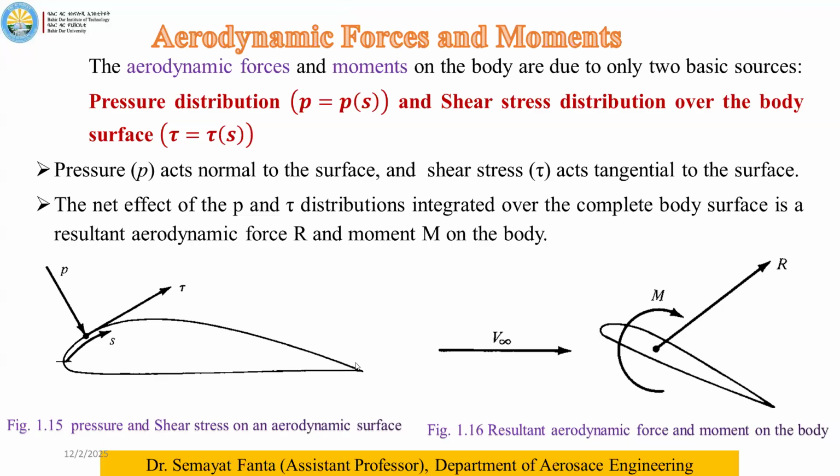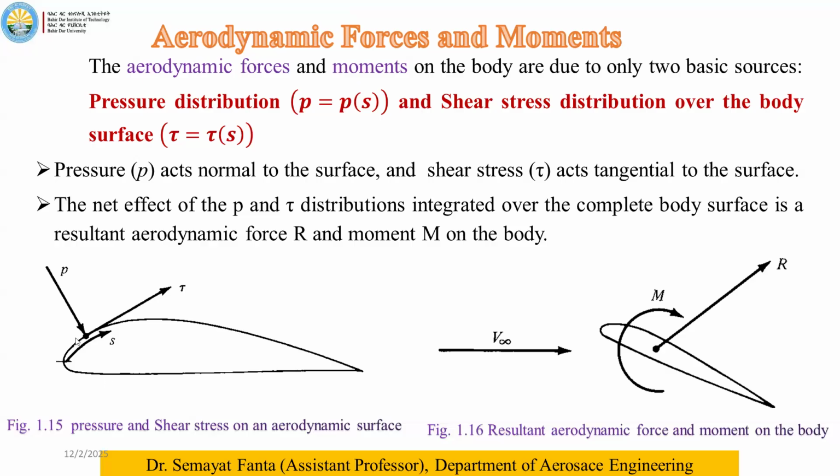If you see this airfoil, the pressure at a point is perpendicular to the surface there, and the shear force is tangential to that point. A tangent means it intersects the curve at one point. So if I take another point here, the pressure is perpendicular and the shear is tangent. Everywhere the shear is tangent and the pressure is perpendicular.